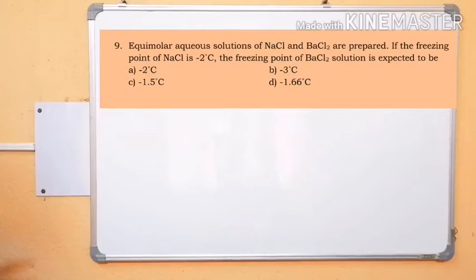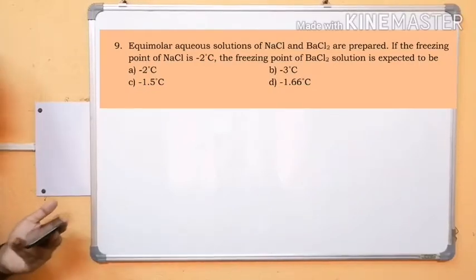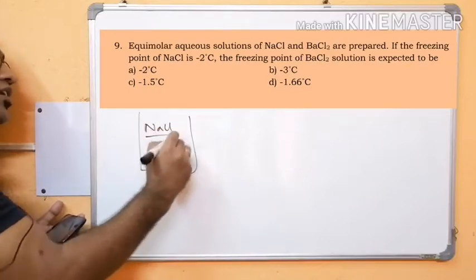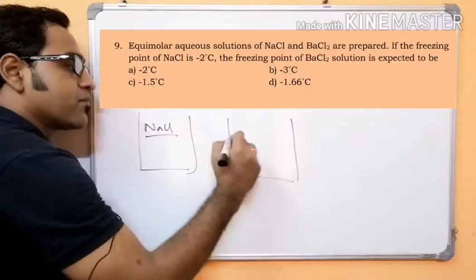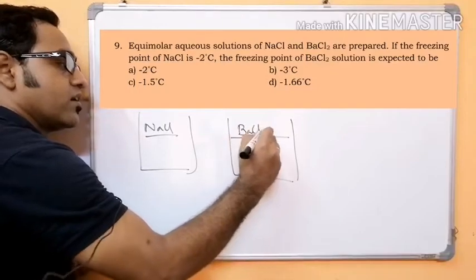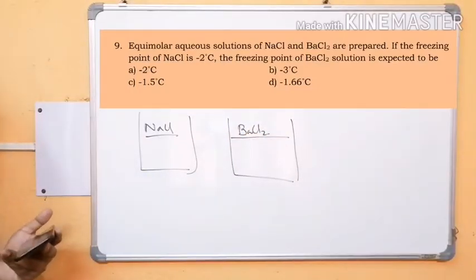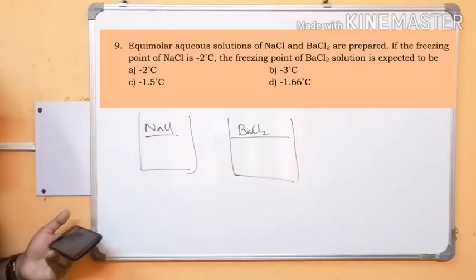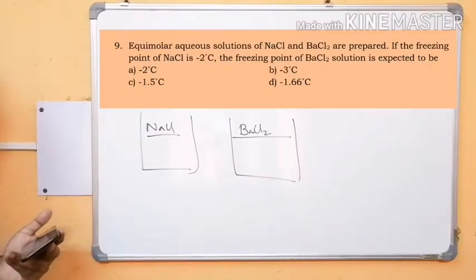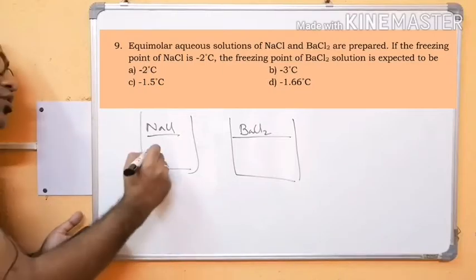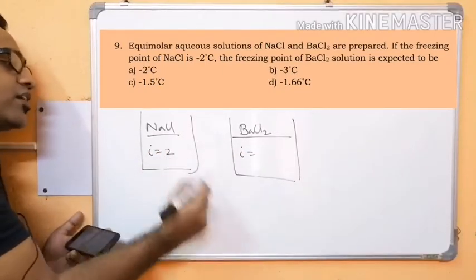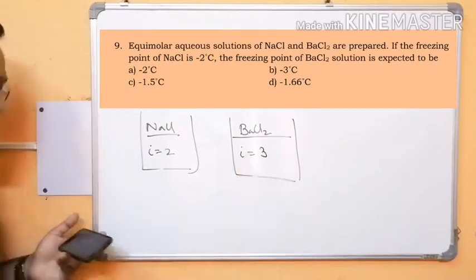Equimolar aqueous solutions of sodium chloride and barium chloride are taken. So you have two solutions: one is sodium chloride solution, another is barium chloride solution. Their molarity is same, that means the concentration is same for both solutions. So what we have to look at is the i value for this one and this one. For this one i equal to 2, for this one i equal to 3.